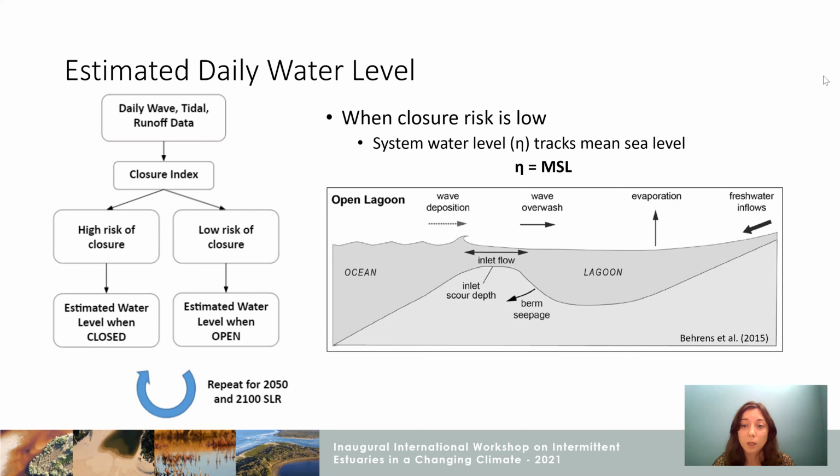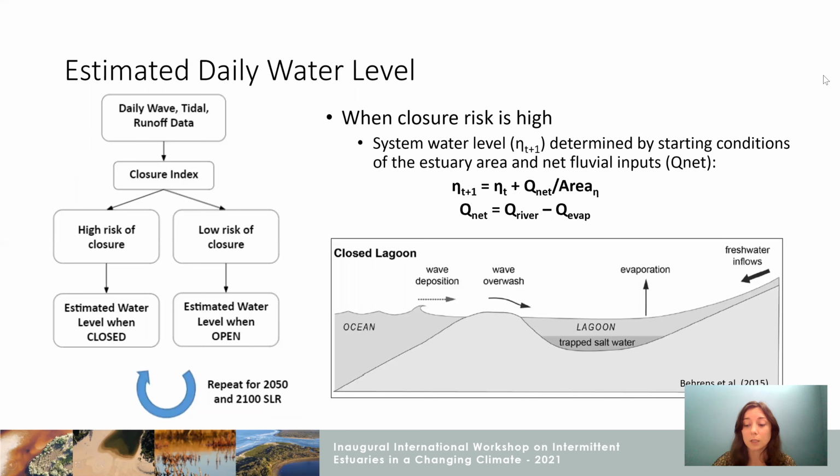However, when the risk was estimated to be high, we assumed that the estuary would close and that the changes in the system water level would be determined by the starting conditions in the estuary and net river runoff after considering evaporation.